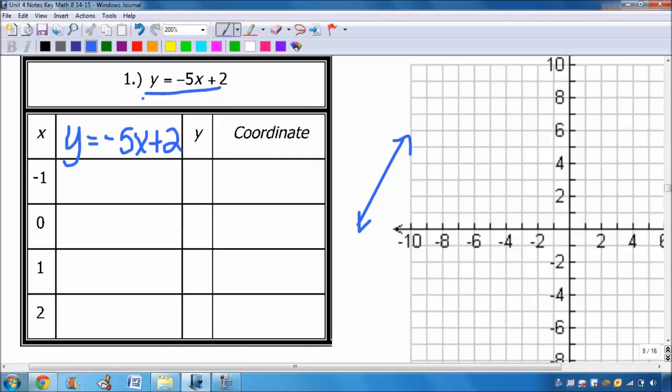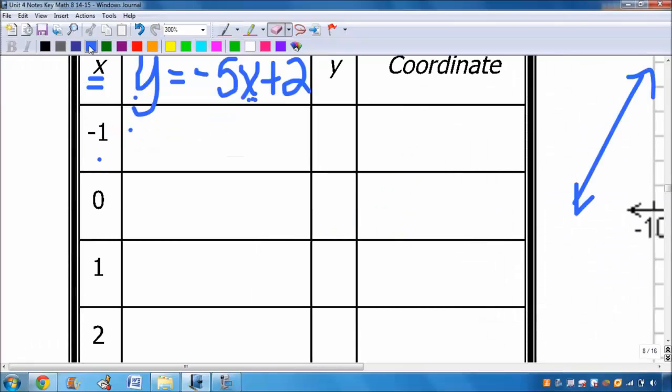So here, this is all my x values. So if I want to figure out what y is equal to, every time I see an x, I'm going to replace it with this x value right here, which is negative 1. So since I know that x is negative 1, I'm going to use this equation right here to figure out what y is.